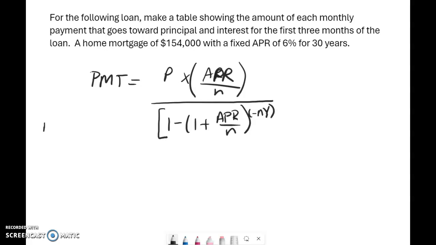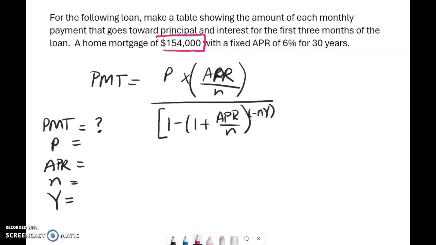All right, so let's put the variables to the side here and let's pick them out from the problem. So we've got 5 variables, and we want to find the monthly payment, so that's my unknown. The principal is the starting amount of the loan, so it's going to be the $154,000.